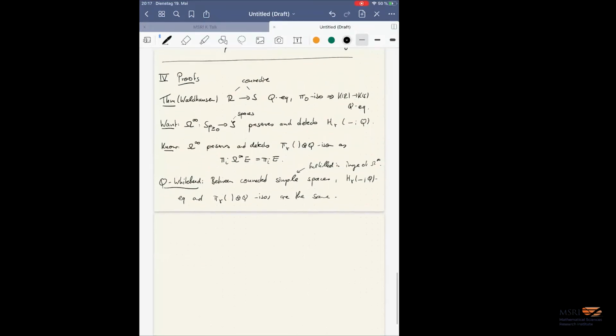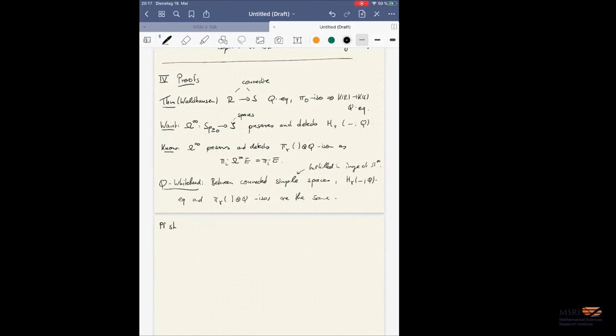Okay, so let me give a proof sketch of the theorem. R to S is assumed to be a pi 0 iso plus rational equivalence.